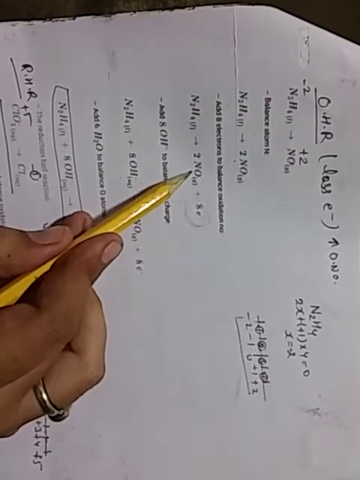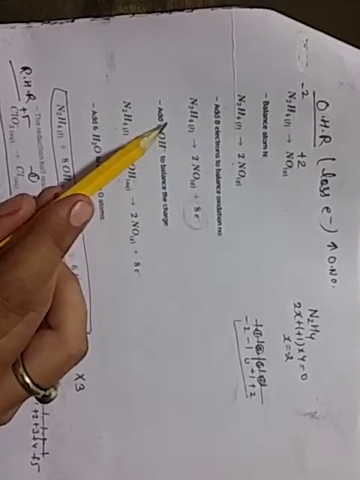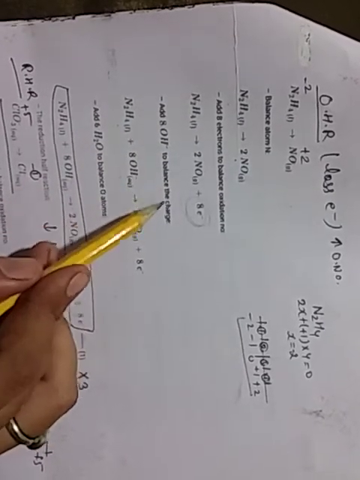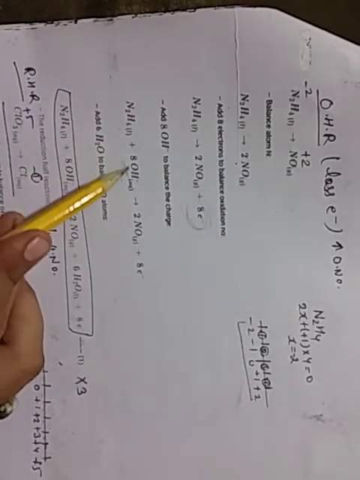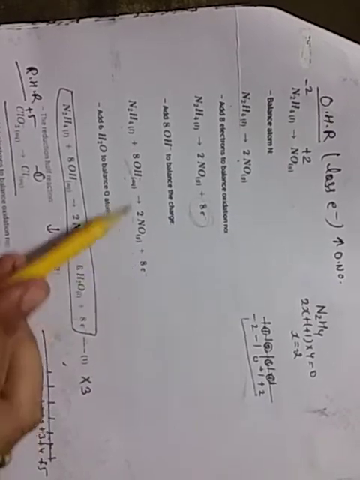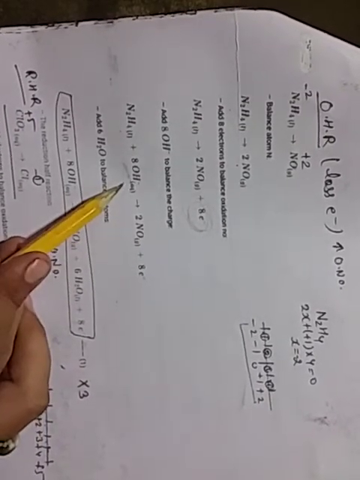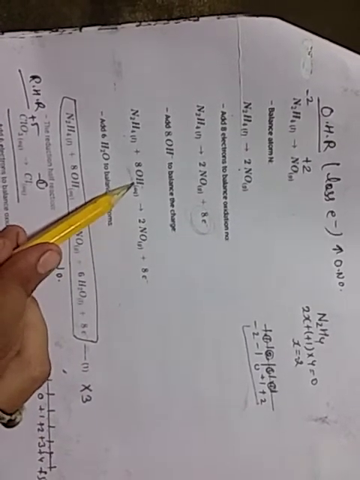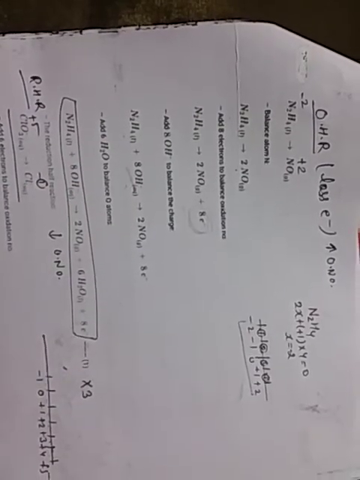For balancing oxygen, this reaction occurs in basic medium. So 8 OH minus to balance the charge, written on the left-hand side. So N2H4 plus 8 OH minus converts into 2NO plus 8 electrons. Then for balancing hydrogen and oxygen we write water molecules on the right-hand side. Counting hydrogen, 8 and 4 make a total of 12.